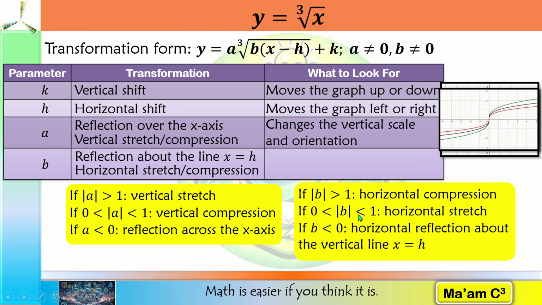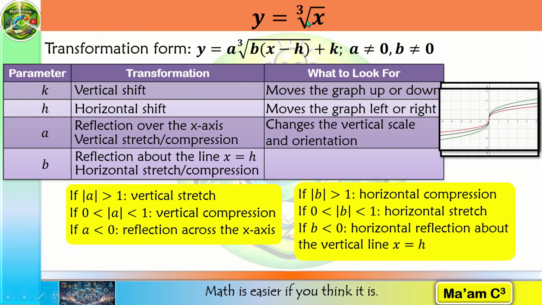And if the absolute value of b is less than 1 but greater than 0, let us say 1/2, like what I did earlier, cube root of 1/2 x, it produces the red graph. There has been horizontal stretching. So our key point (1, 1) is now (2, 1). The graph has been stretched horizontally.